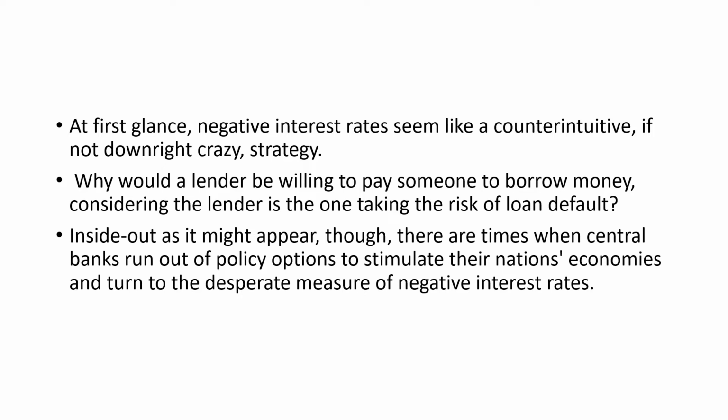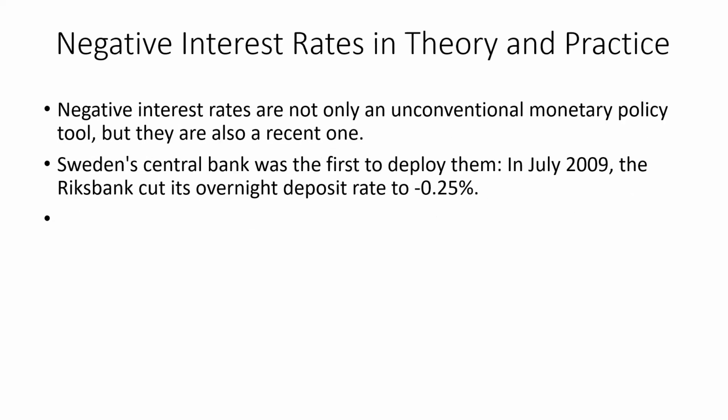So why is it still used? On the surface, it might appear that there are times when central banks run out of policy options to stimulate the economies of different nations and turn to the desperate measure of negative interest rate. So negative interest rate involves the bank encouraging people to come and borrow money from banks.